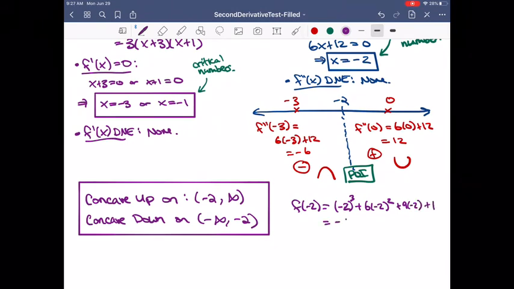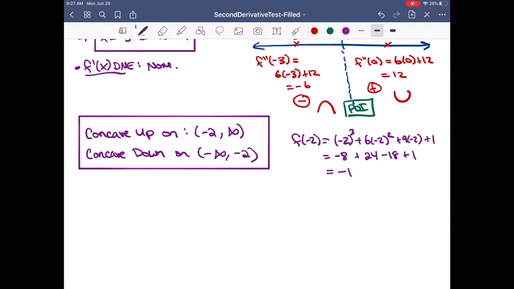So this is negative 8 plus 24 minus 18 plus 1. So I think that's 25 minus 26. So I think I get minus 1. Okay, so that means we have a point of inflection at the point negative 2, negative 1.